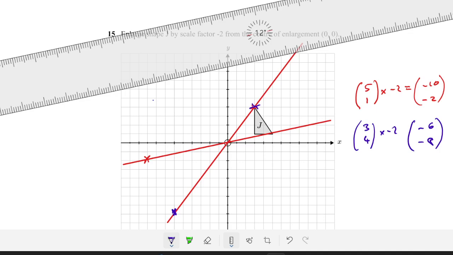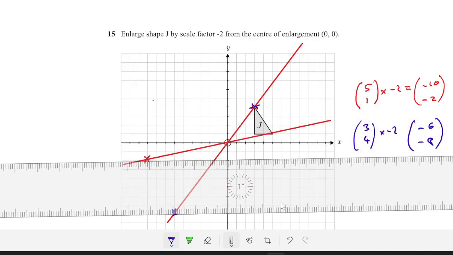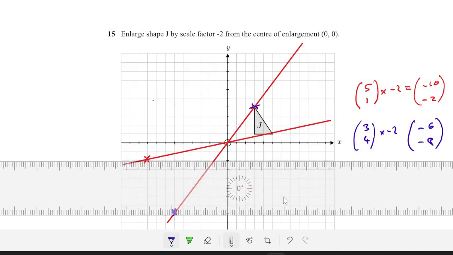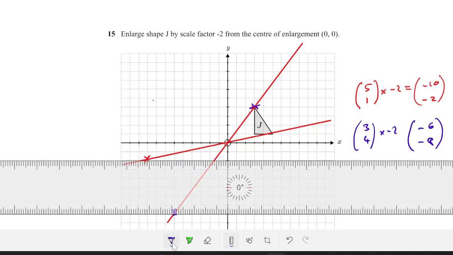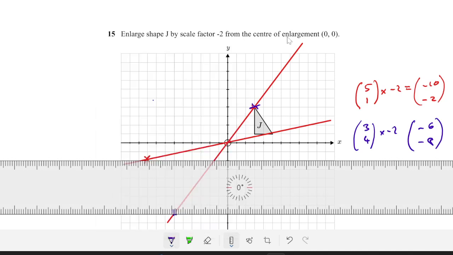I only really needed to do it for 1 point, but I'll use a third colour, purple. If that square was 2 across from that point, it's going to go 4 in the opposite direction, so it will go to there.